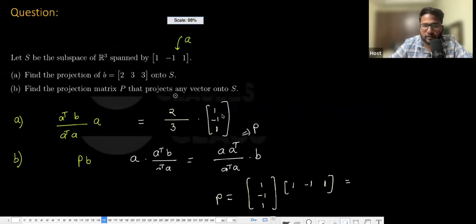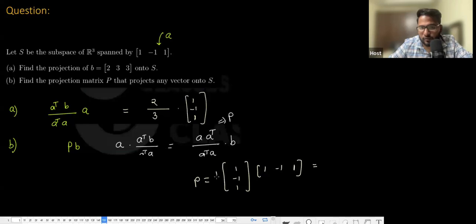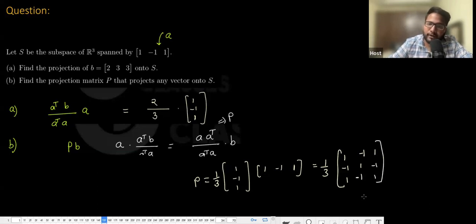So let me multiply. Okay. It will be, I think, 1 by 3 into 1 minus 1 1, minus 1 1 minus 1, and 1 minus 1 1. This is the projection matrix that you're getting. Is this fine?